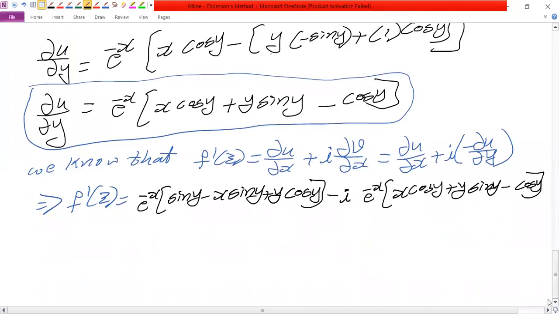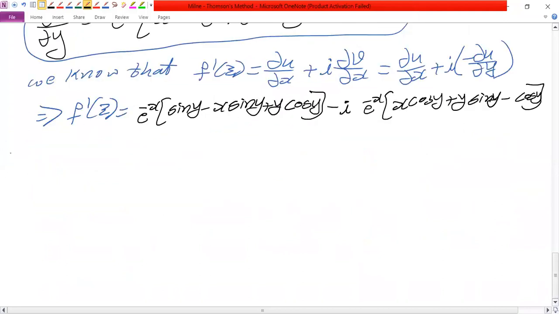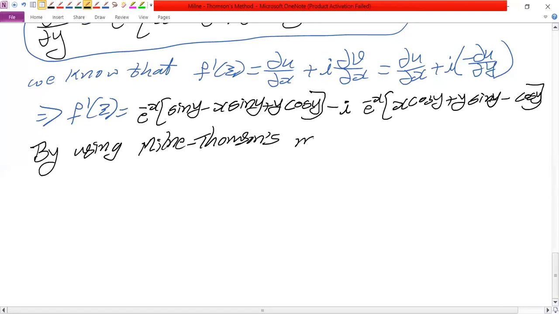Now, what is the process we need to use? Milne-Thomson's method. They didn't mention Milne-Thomson's method in the problem, but we are going to use it. What is the Milne-Thomson's method?